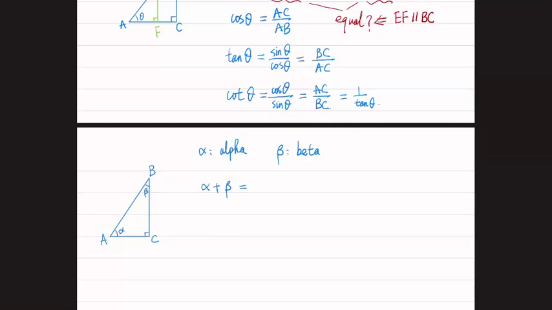A squared plus B squared equals C squared. No, that's for the sides, not for the angles. Oh, I forgot. Kira?